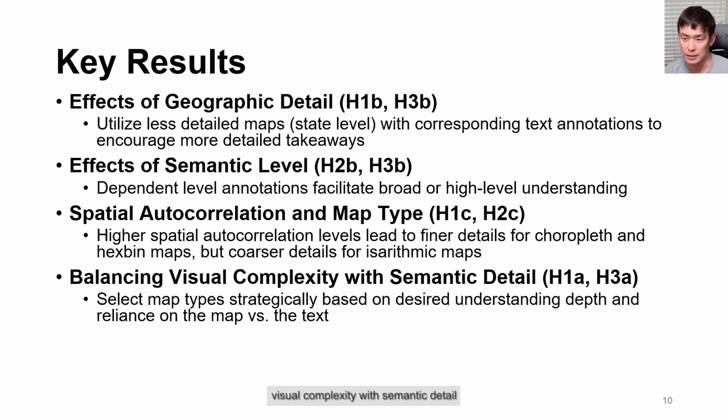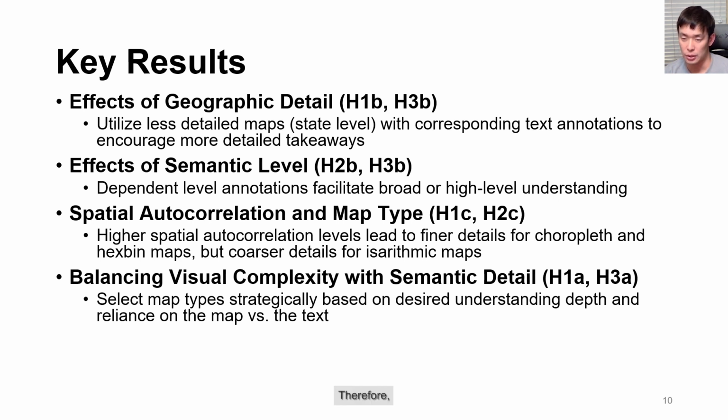Balancing visual complexity with semantic detail. Map type affects the depth of understanding derived and the reliance on text. Isarithmic maps induce readers to seek clarity from text. Hexbin and choropleth maps motivate readers to extract information directly from the map.